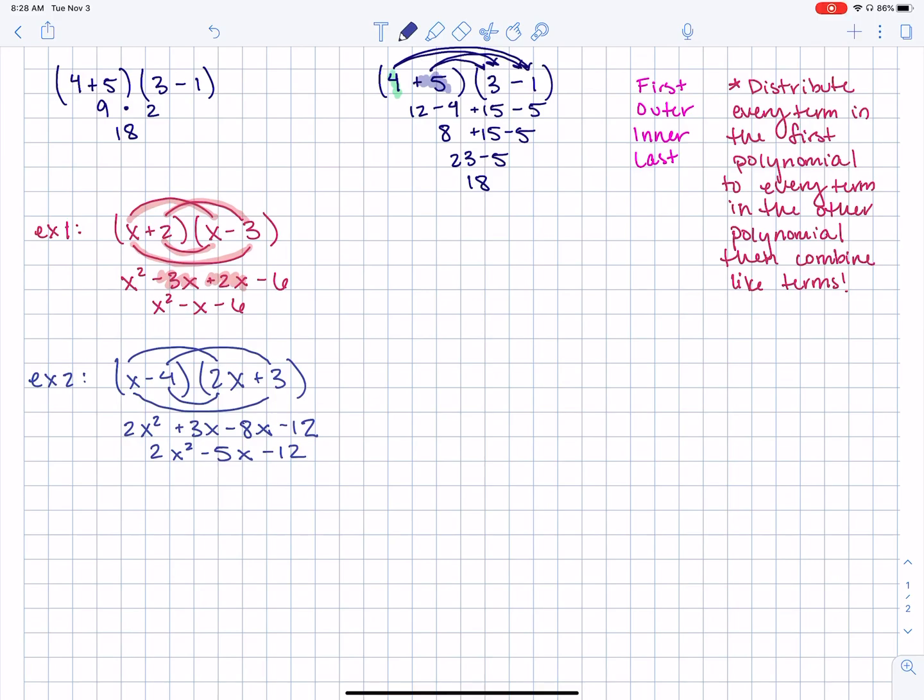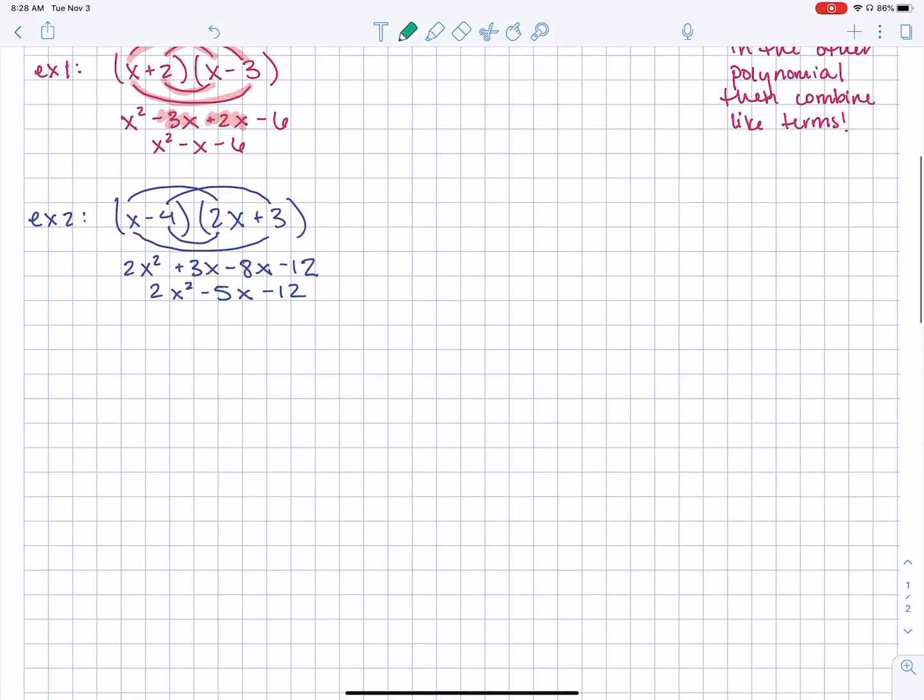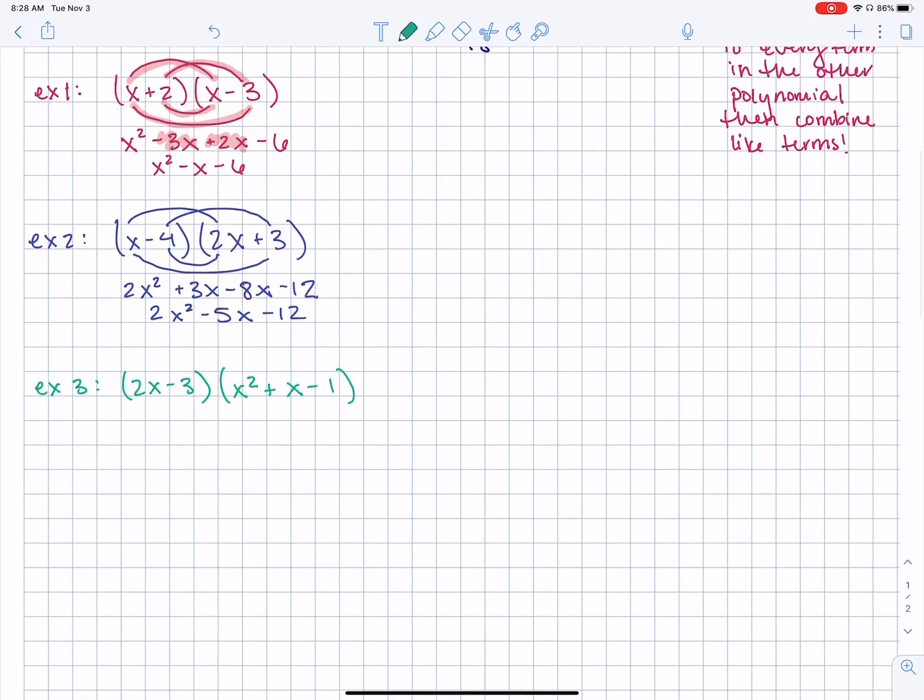So this also works with trinomials. So we're going to go ahead and do a binomial, so 2x minus 3 times a trinomial, x squared plus x minus 1. And obviously we're going to run out of terms if we choose FOIL. However, we can still take that same premise, which is that we're going to take our first term, so 2x, and multiply it by every term in our other polynomial.